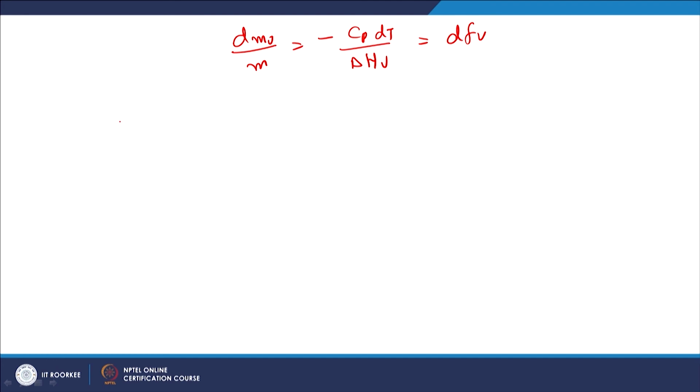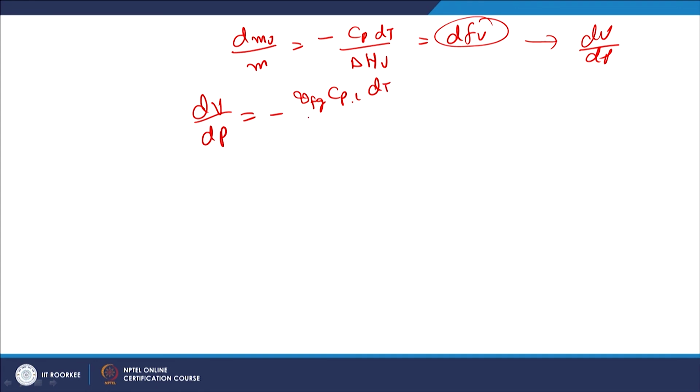Now, if we substitute dFV into dV over dP, we have dV over dP is equal to minus VFG Cpl dT upon delta HV dP. So, the Clausius-Clapeyron equation can be used for dT over dP.